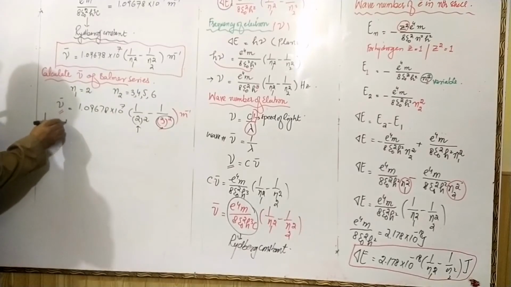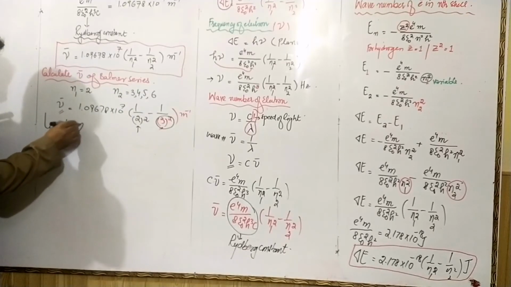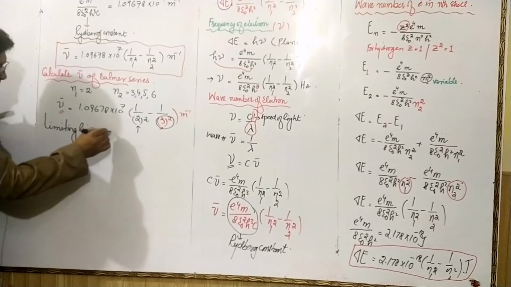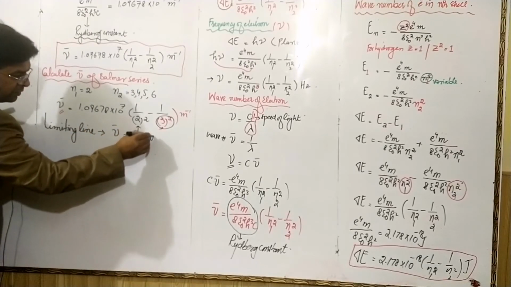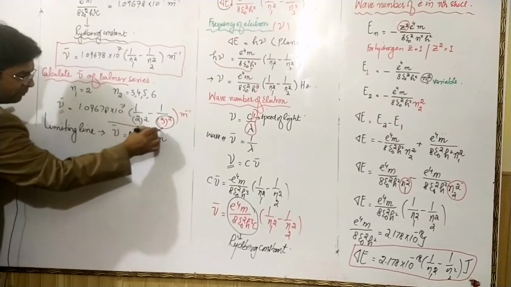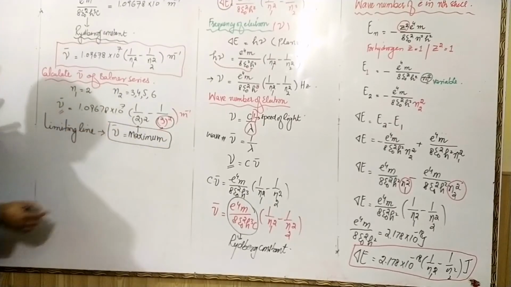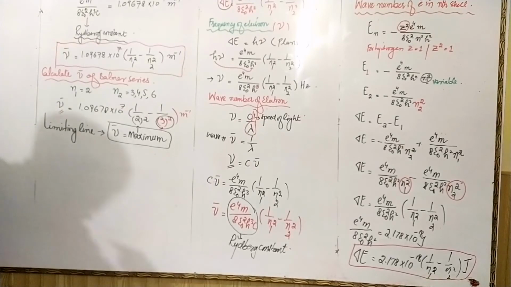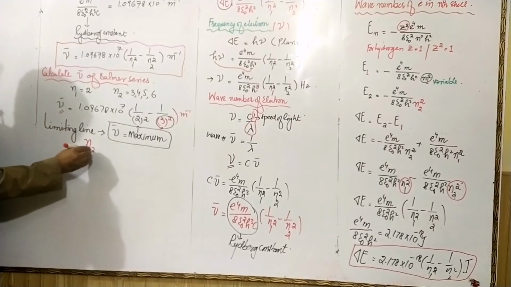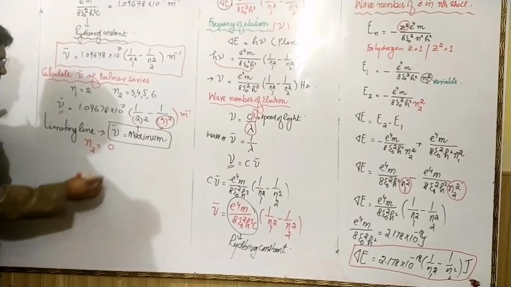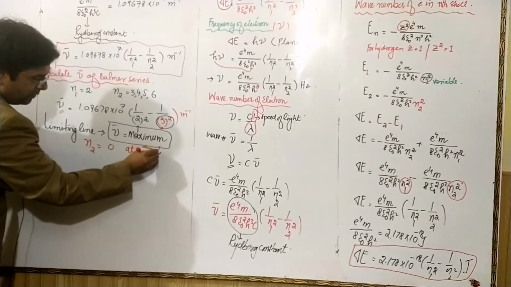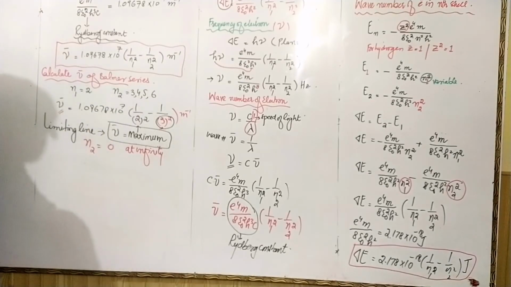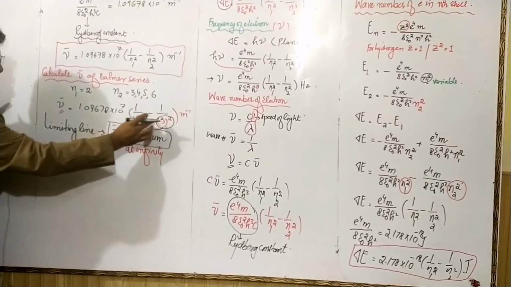What is called a limiting line? The limiting line is that wave number whose value is maximum. So the maximum wave number is called the limiting line. For the limiting line, n2 goes to infinity, so 1 over n2 square will become 0. So the limiting line will be the maximum wave number, and it will be maximum when 1 over n2 square becomes 0.